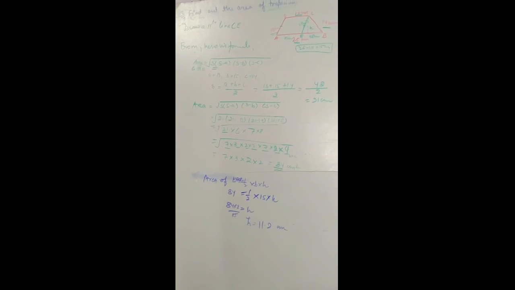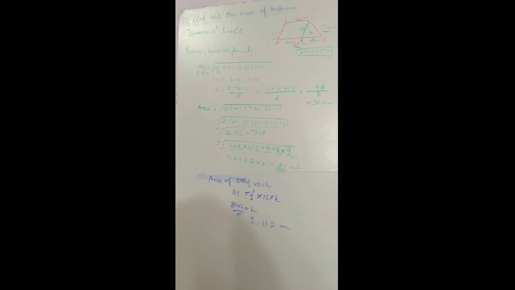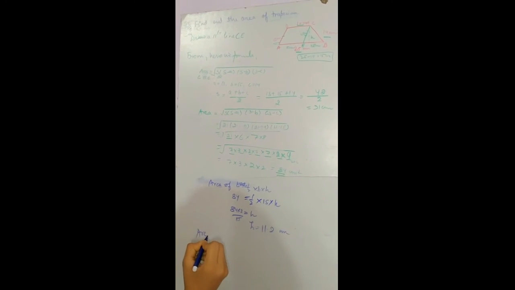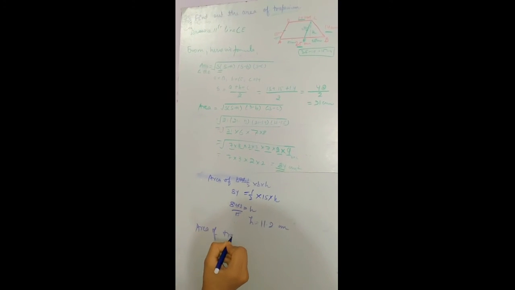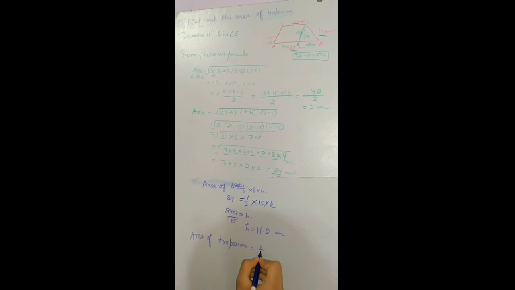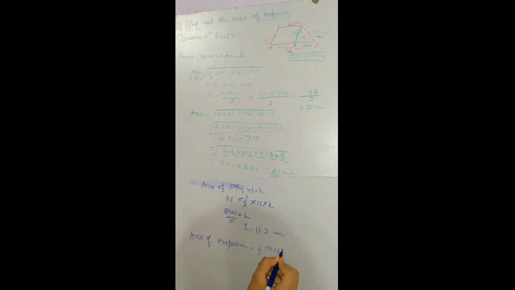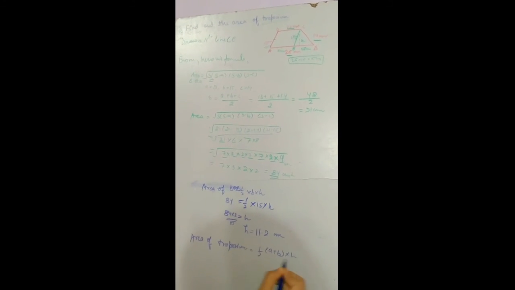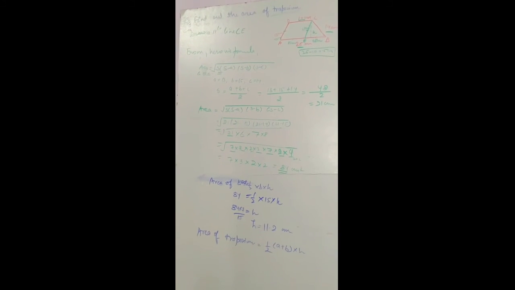After that, what will we do? The area of the trapezium is equal to, what is the formula? Half into A plus B into H. Okay, this we know.